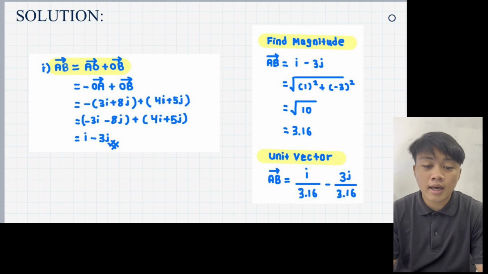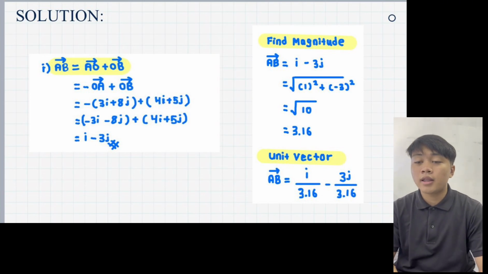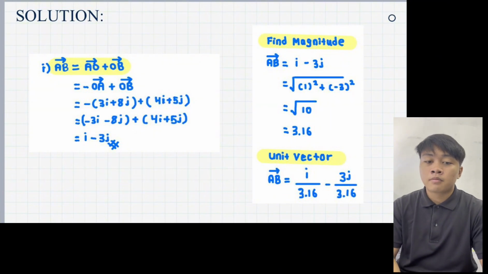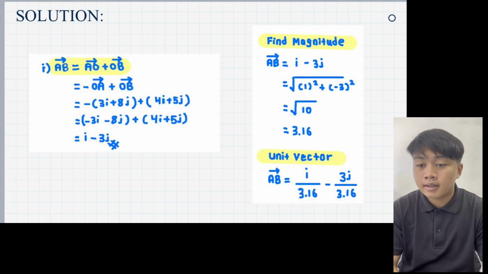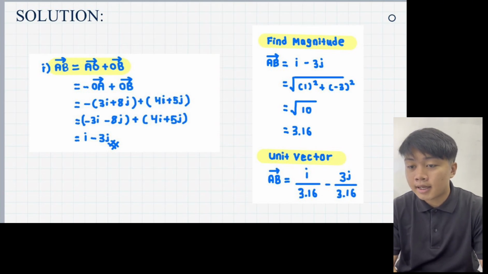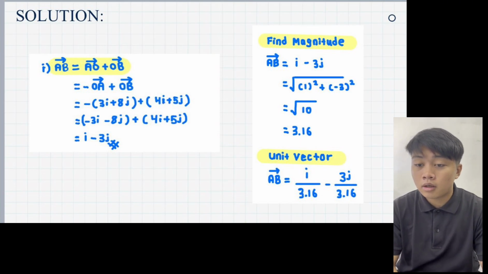So negative 3i plus 4i is 1i. And negative 8j plus 5j is negative 3j. And then to find the magnitude, it is 1 squared plus negative 3 squared, square rooted, and it becomes square root of 10.